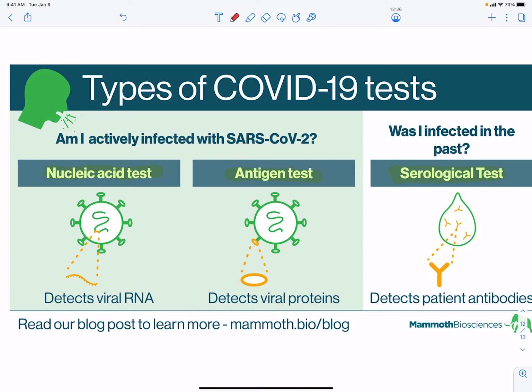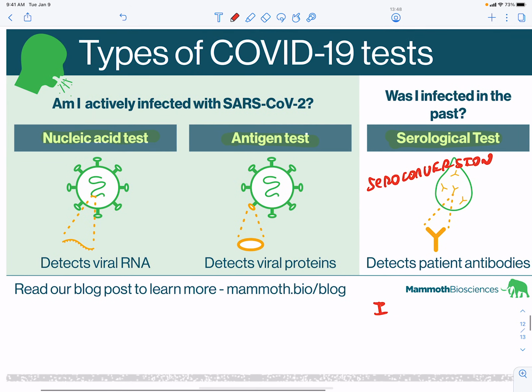Now, a seroconversion for SARS-CoV-2 is very different than HIV. If you have IgG, so this is a yes for SARS, it means you were infected.